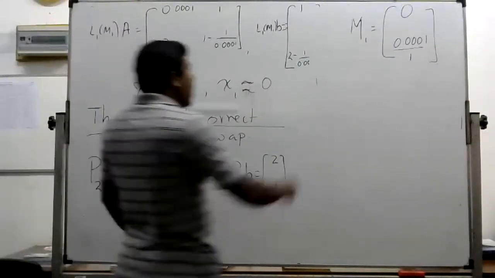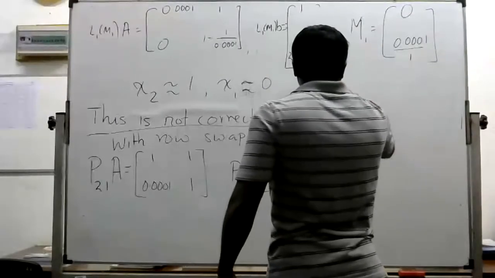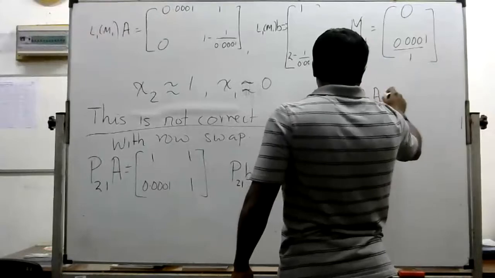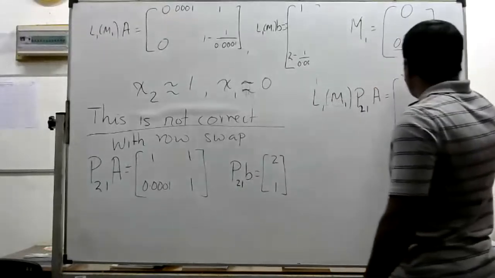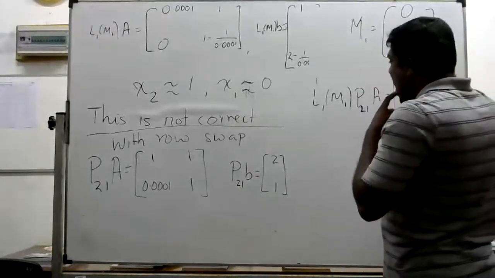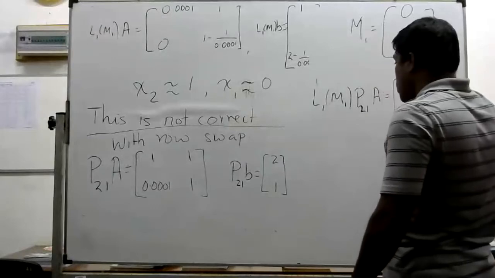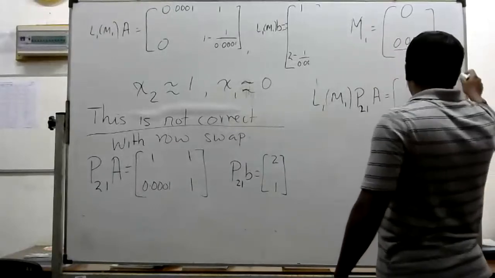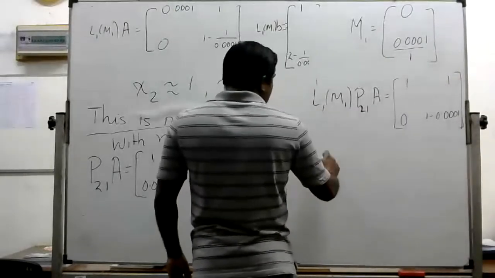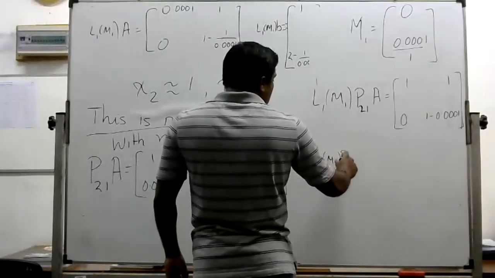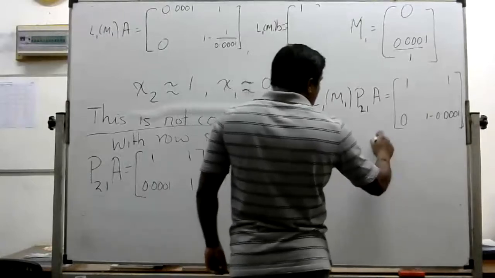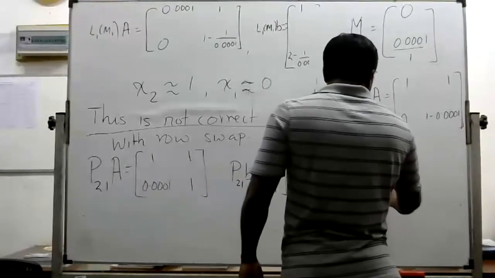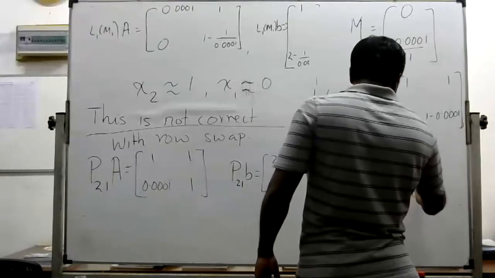Right? So then L1, m1 into P21 A will look like this: 1, 1, and 0, and 1 minus 0.0001, and L1, M1, P21 b will look like 2 and 1 minus 0.0001.